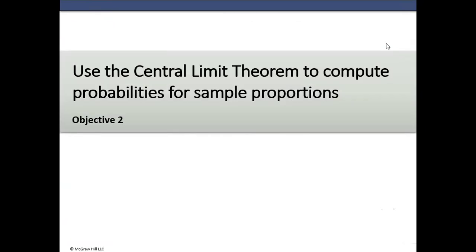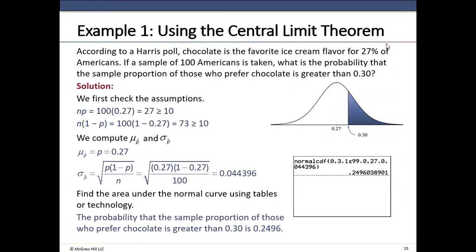Use the central limit theorem to compute probability for sample proportions. So basically we will use our calculator. According to a Harris poll, chocolate is the favorite ice cream flavor for 27% of Americans. If a sample of 100 Americans is taken, what is the probability that the sample proportion who prefer chocolate is greater than 0.3?